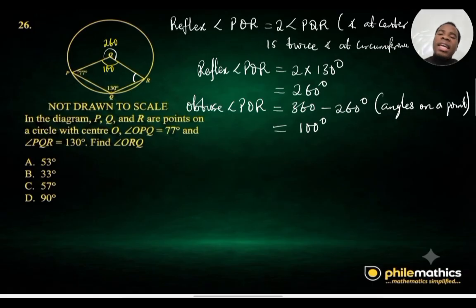We can easily get that using the sum of angles in a quadrilateral. We know that the sum of angles in a quadrilateral is 360.